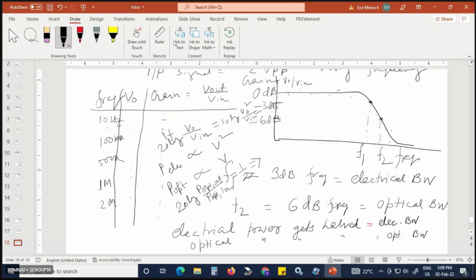So this corresponds to 6 dB. And this corresponds to 3 dB. Clear?